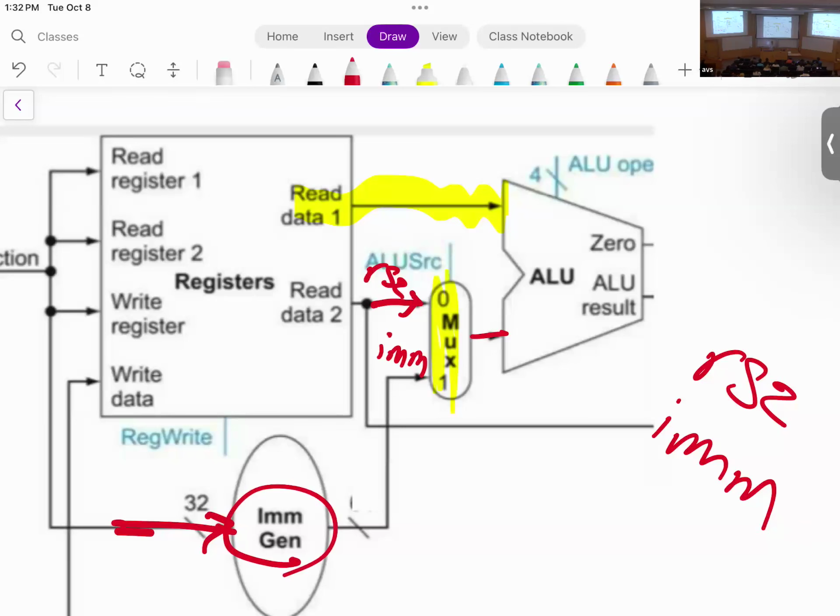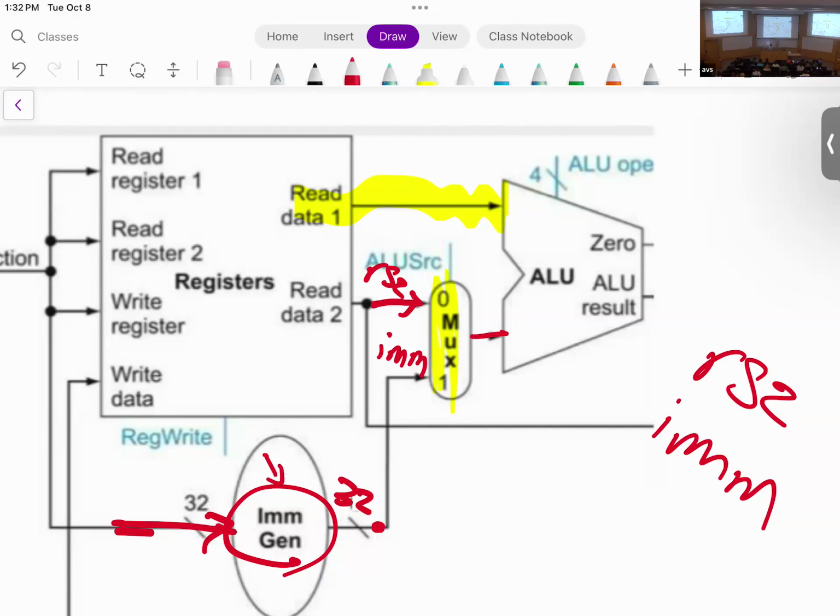So the output of this is a 32-bit value that has the correct bits, nicely sign extended. Later on, we're going to talk about how we design this. But for now, just assume that it takes the 32-bit instruction and magically creates the immediate that you want.